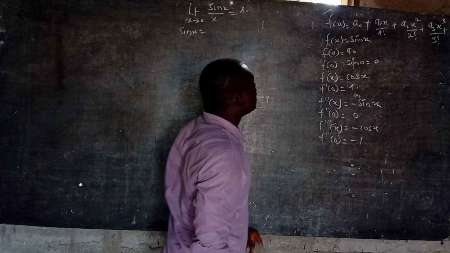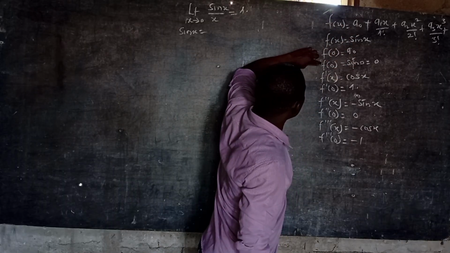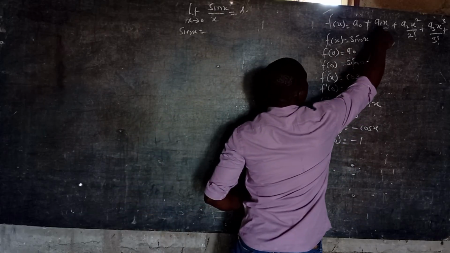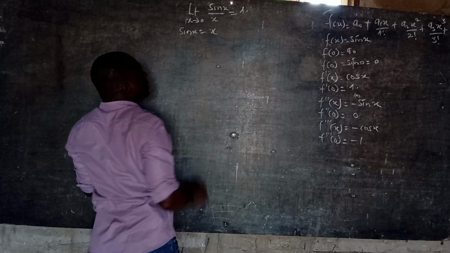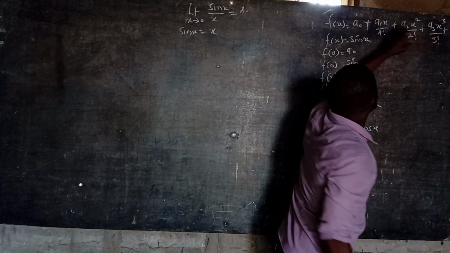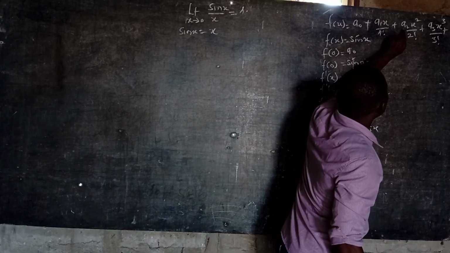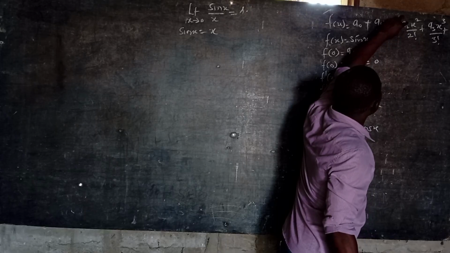But when we differentiate the first one here, it gave us 1. So we use this one to multiply this, and this will just give x. So the next one, if we differentiate this series, we are going to have just a2, and your a2 here is dead.